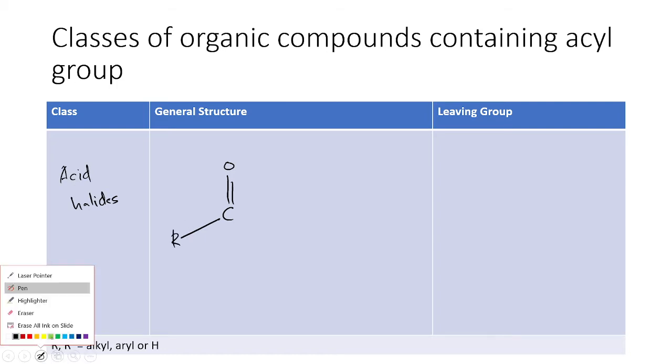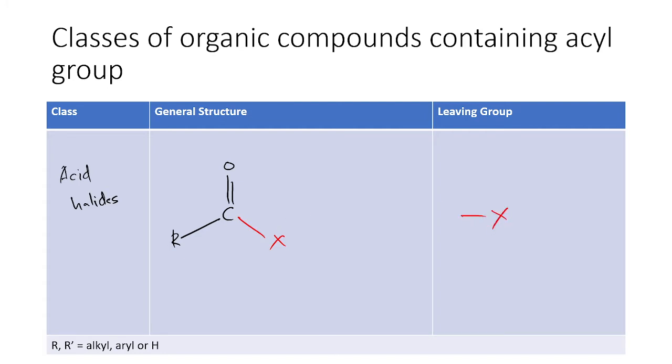And we have a leaving group which is actually our halogens. So, ang leaving group natin ay halogen. Okay? So, it can be chlorine, bromine, iodine, or kahit ano pang halogens natin.